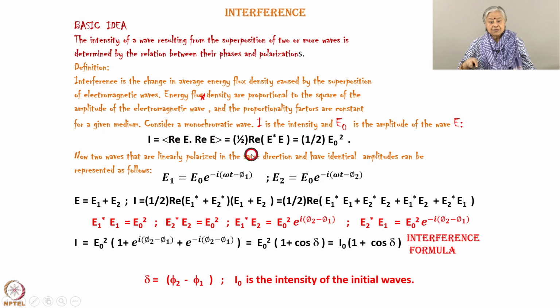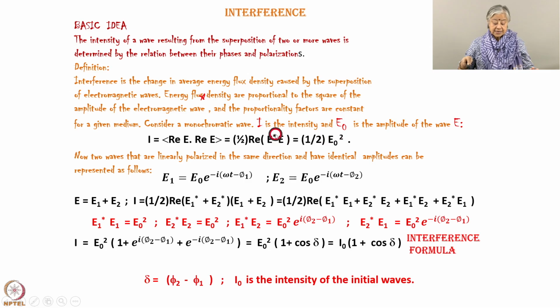It can be written as half of the real part of E star E. The moment you take E star E, the imaginary parts just go away. In any case, to be exact, real part of E star E is equal to half E0 squared, if there is just one wave that I am talking about, and E0 is the amplitude of the wave E.